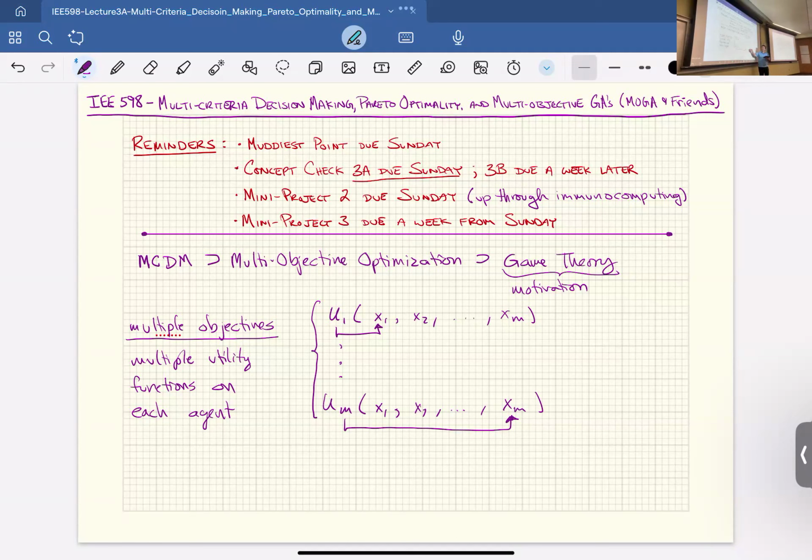For a lot of games, people prefer the Nash equilibrium, which would just say that at the Nash equilibrium, the way you might phrase it is that there are no unilateral, and that's the key word here, deviations that can result in an increase in utility.